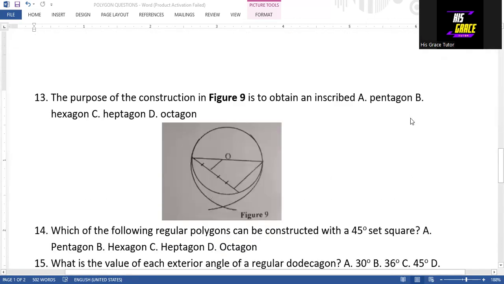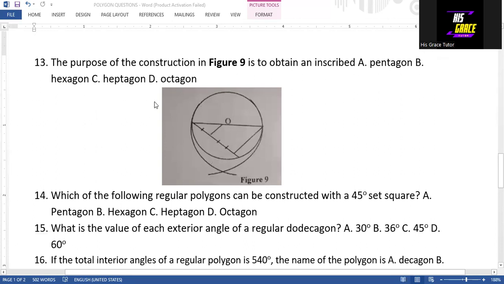Then we move to question 13, which says that the purpose of construction in figure 9 is to obtain an inscribed pentagon, which is option A. So how did I know that the answer is pentagon? I will come back to this diagram and count the number of divisions that we are dividing this line into.